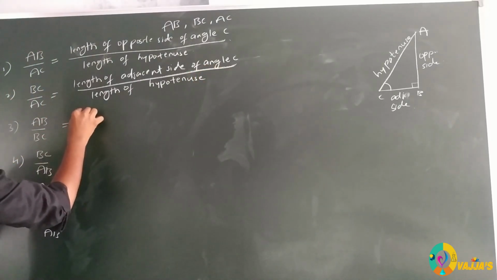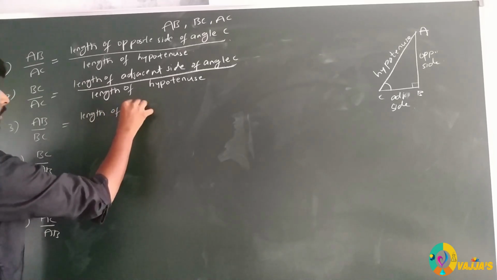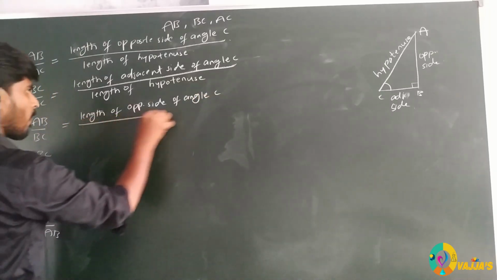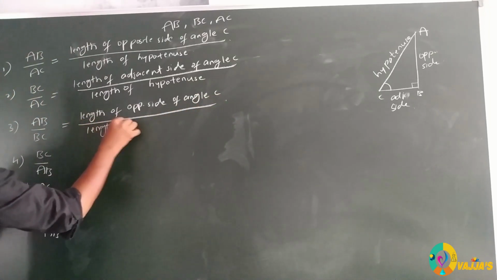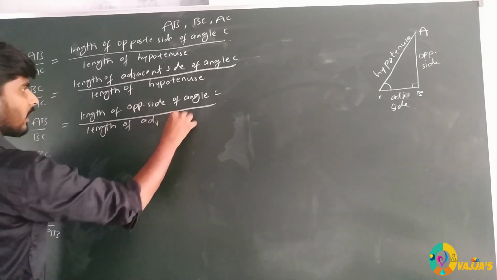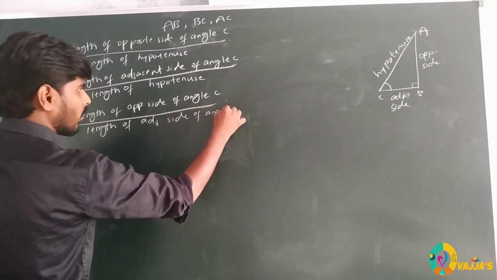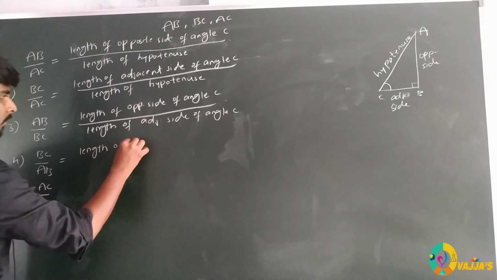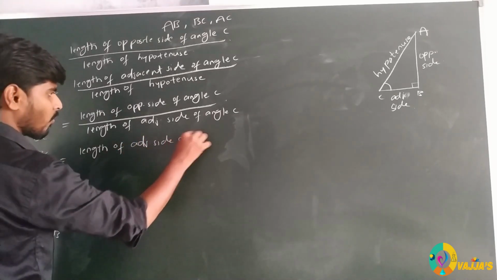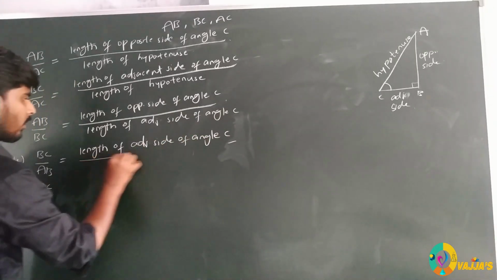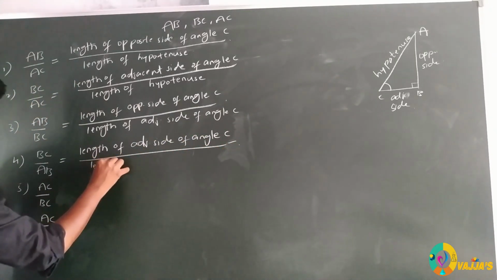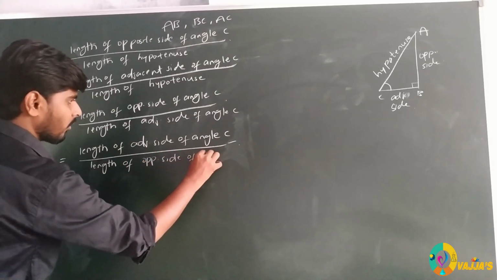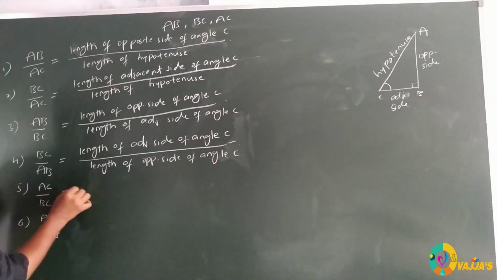Next, AB by BC means the length of the opposite side of angle C by the length of the adjacent side of angle C. BC by AB means the length of the adjacent side of angle C by the length of the opposite side of angle C.